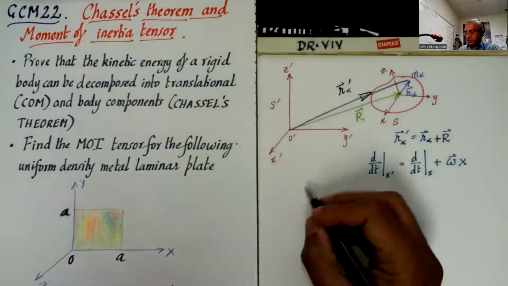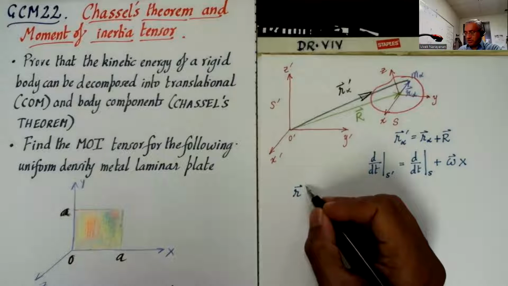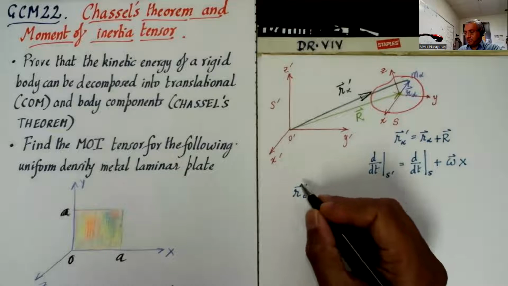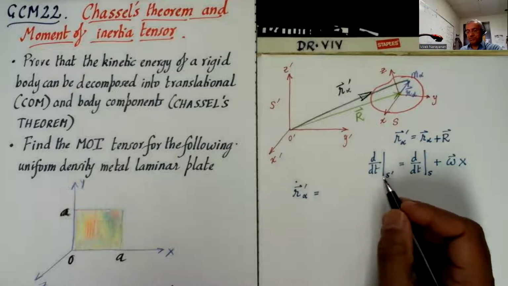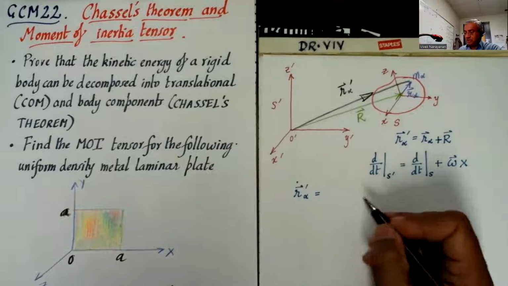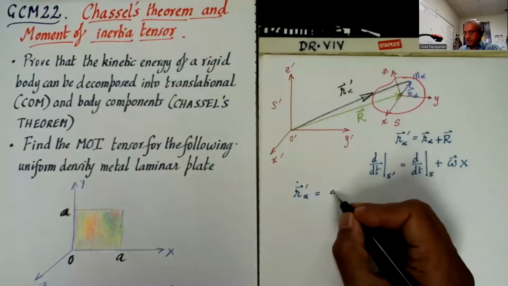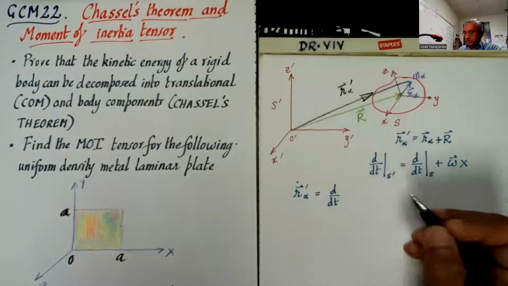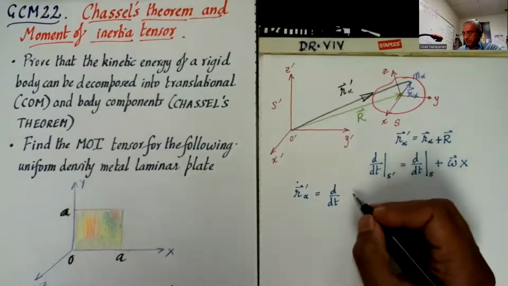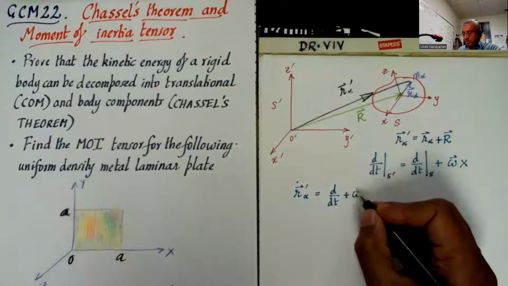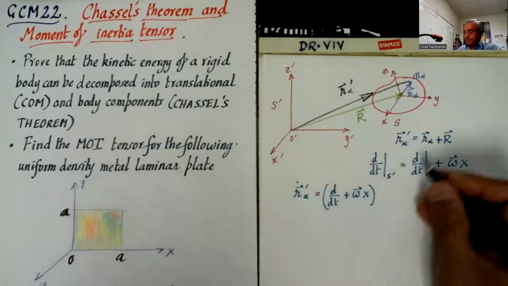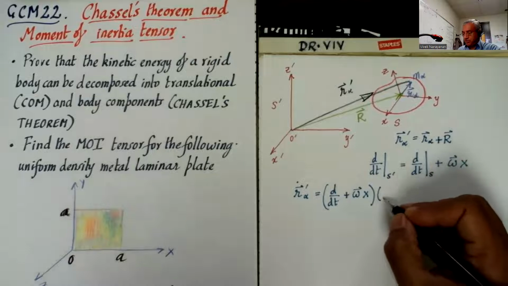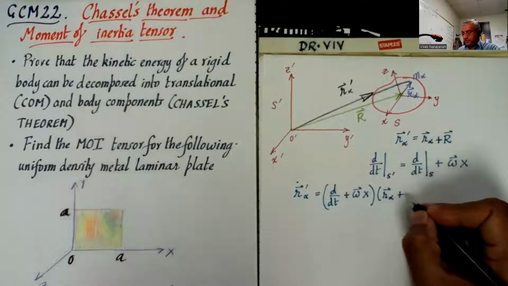So I'm going to get R alpha prime dot, I'm taking the derivative with respect to the S prime coordinates. Well, that's going to be this. So I get d by dt, just regular d by dt without any prime, plus omega cross applied to this vector, R alpha plus R.